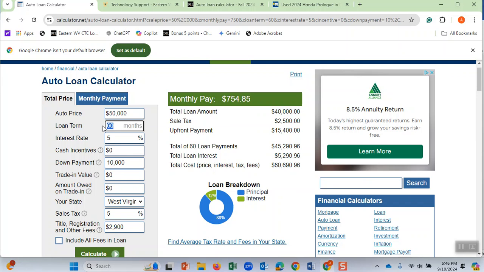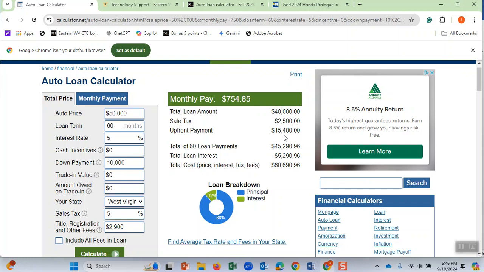And then in that case, I have to pay sales taxes. 5% of, do you see here is 5%? 5% of 50,000 is $2,500. And also the upfront payment that I have to pay is $15,400. Where does this upfront payment come from?